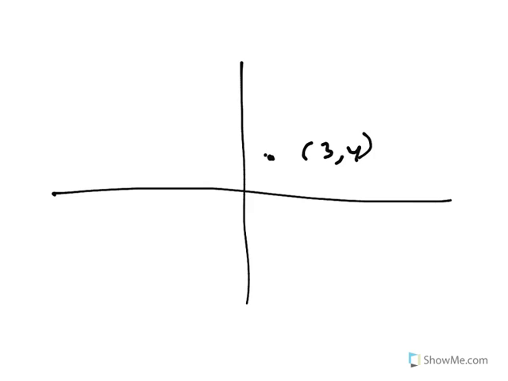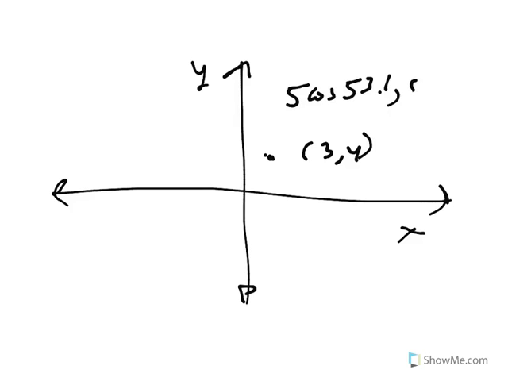In a previous lesson, we saw that the points on the xy plane, (3, 4), could be turned into the form (5 cosine 53.1, 5 sine 53.1).